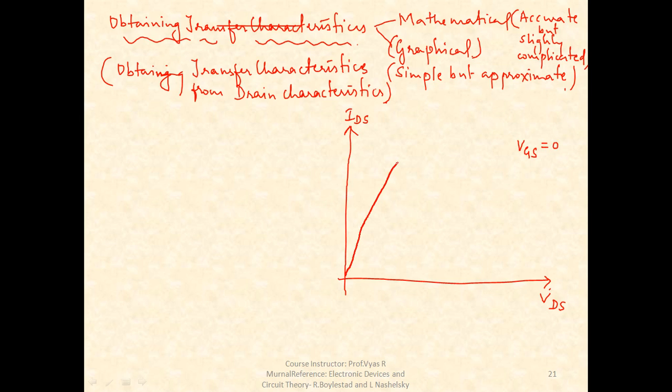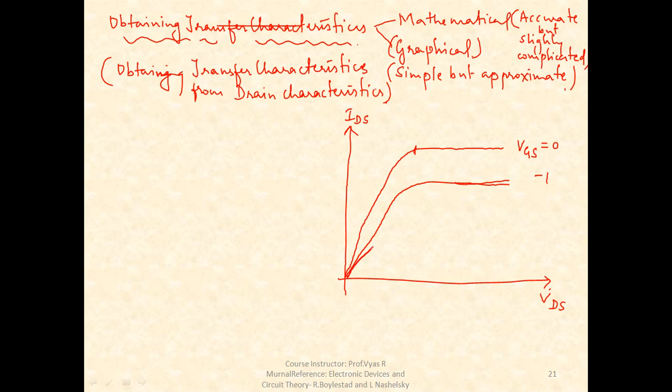Initially the current will increase linearly and then it will saturate. This is called pinch off. Further, if VGS increases in a negative way, say from 0 to -1, pinch off occurs quickly and the current is reduced. It is flat.